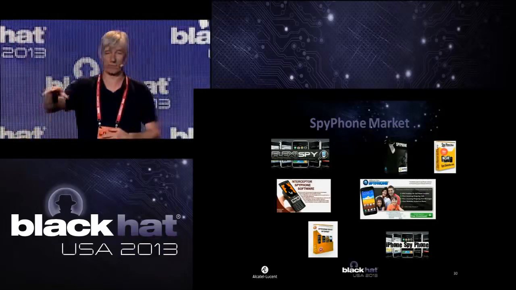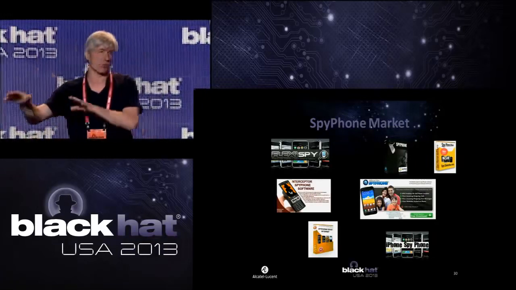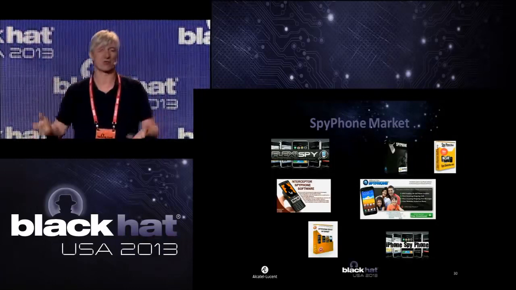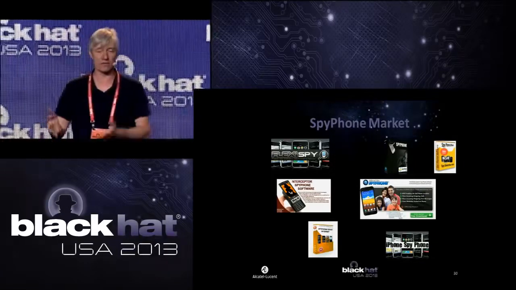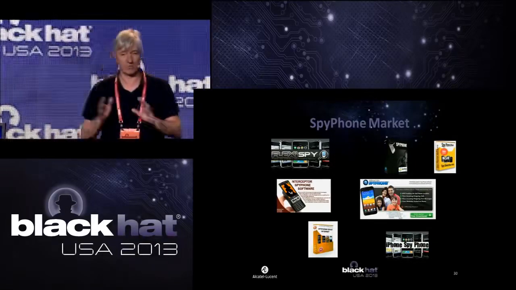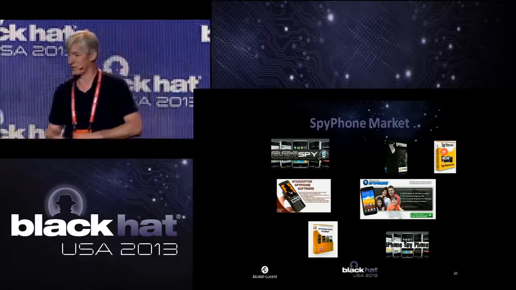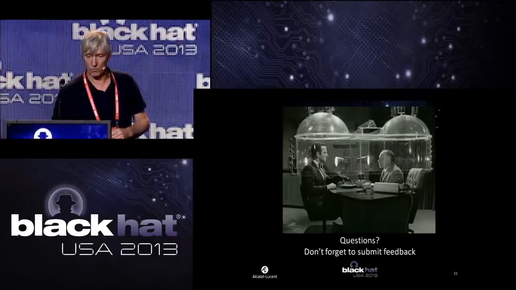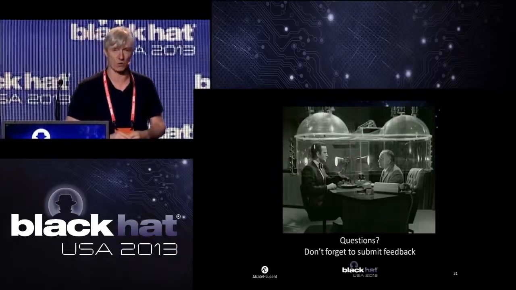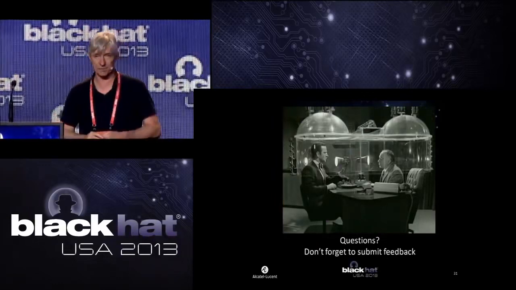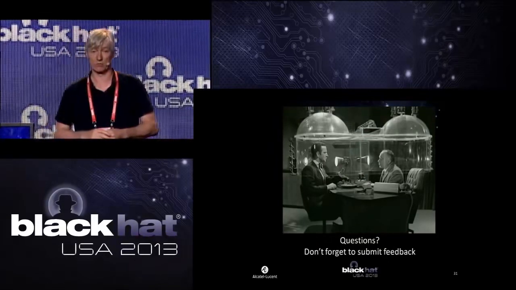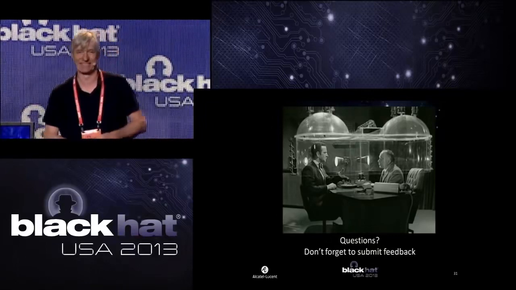We're talking SpyPhone here, because SpyPhone is a pretty cool word, but effectively what we have in this phone is a remote access Trojan. I think it's pretty scary. So that's basically what I came here to say today. Now I'll take any questions. Okay, thank you very much.